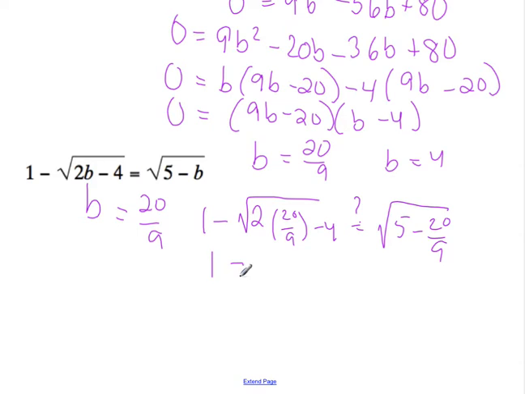Well, let's see. That's 1 minus, let's see, 20 over 9 times 2. Let's see, 20 times 20 divided by 9 minus 4. That's 364 over 9.